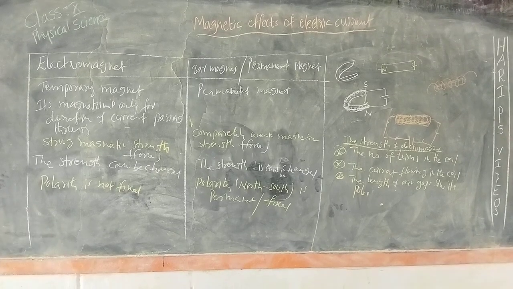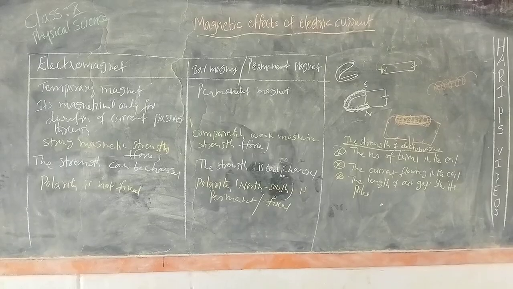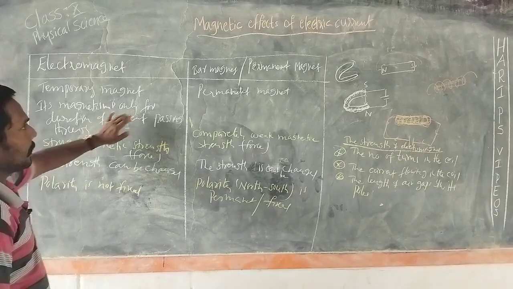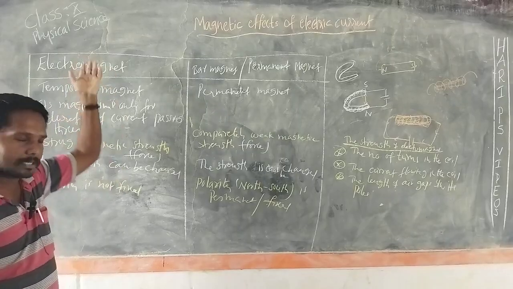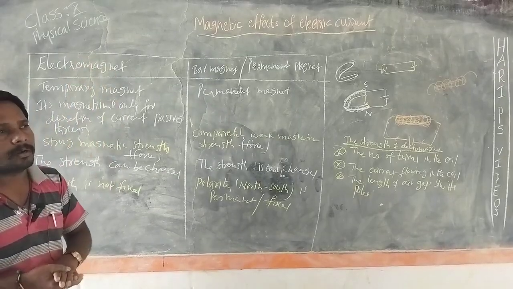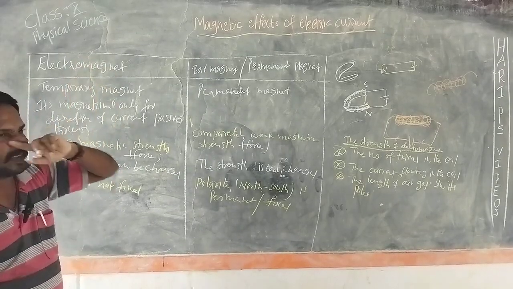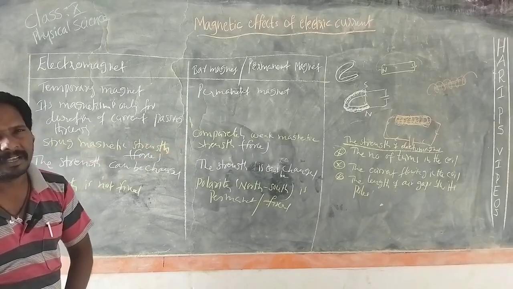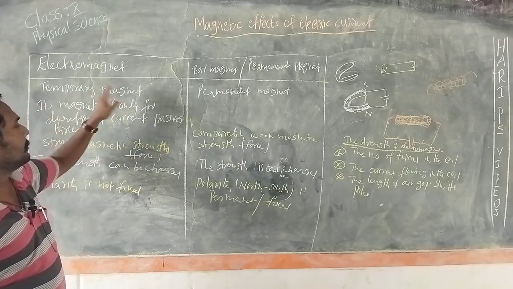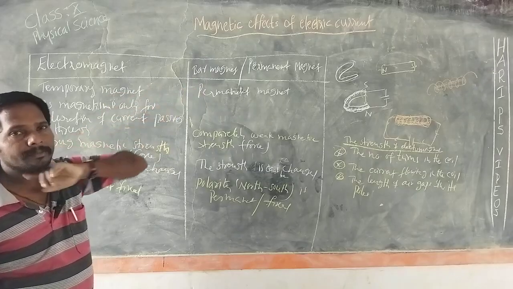So this is about the differences between an electromagnet and a bar magnet. We discussed some points regarding electromagnets, and these are the simple differences. An electromagnet is a temporary magnet and a bar magnet is a permanent magnet.